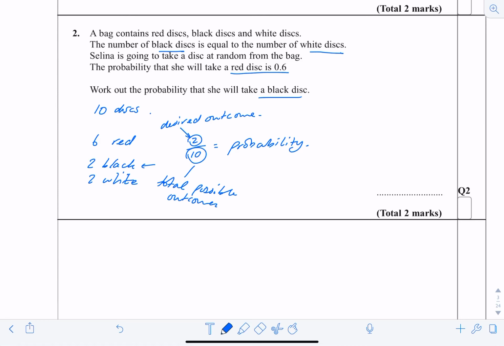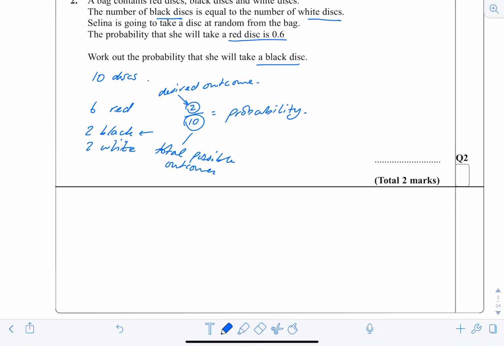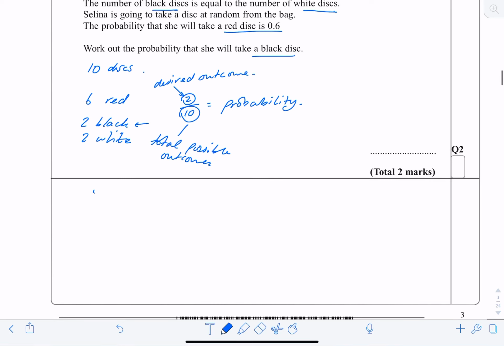But what if there are not 10 discs? 10 discs, I hear you say. Well, it doesn't matter because the probability will still be the same. Let's say there are 50 discs, for example. The probability that you take out a red would still be 0.6, so 0.6 times 50 is 30.